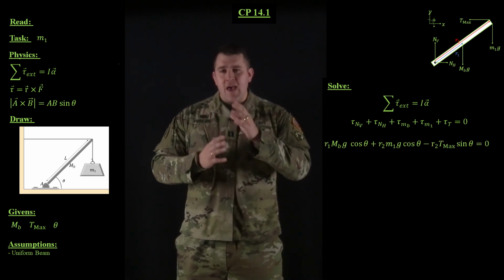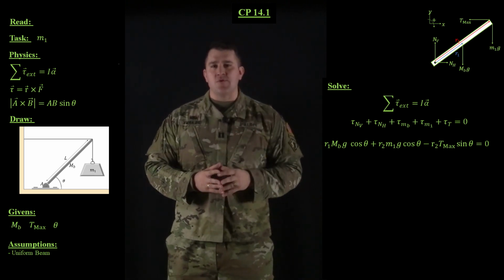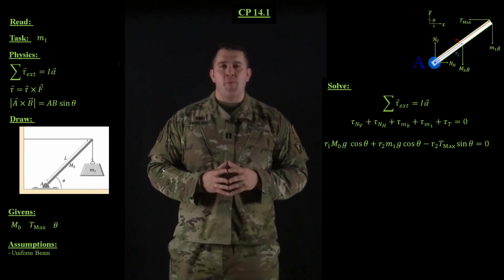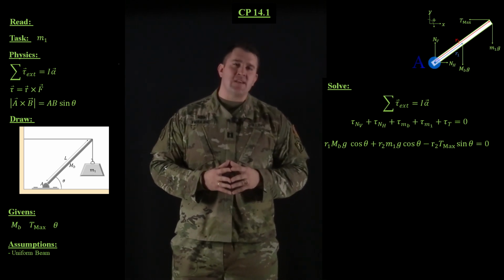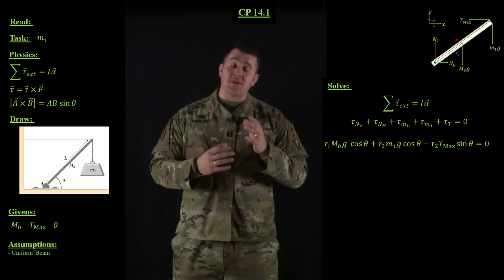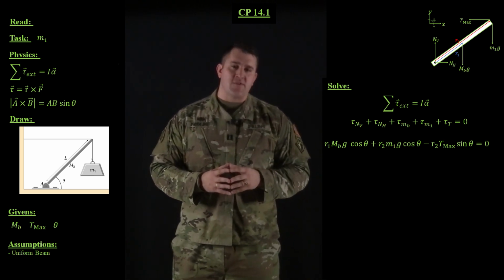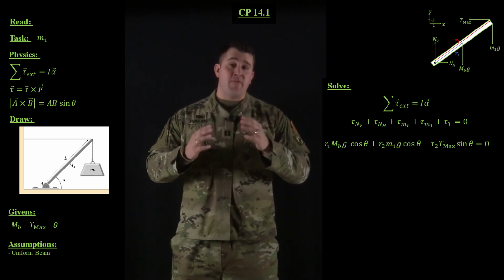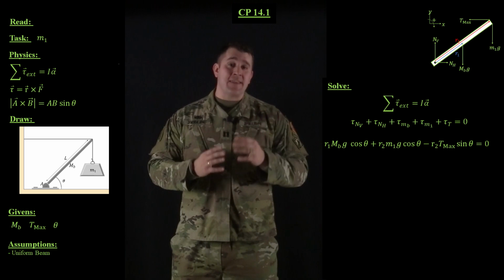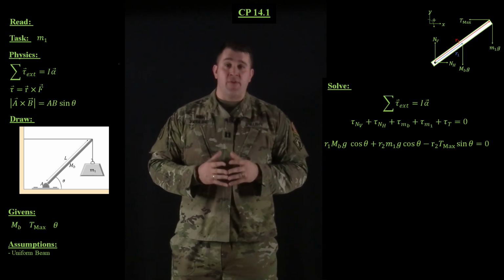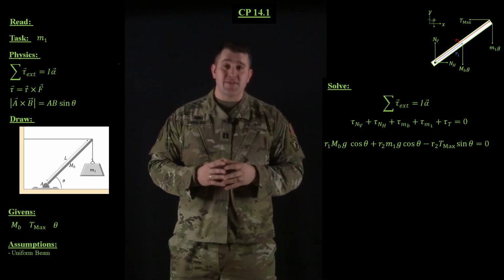Now, I'll have you note that because I'm going to choose an axis of rotation about that pivot point A, this means that when I sum the torques about that pivot point, the vertical and horizontal components of the normal force are not going to provide any torque in our system since they act at the axis of rotation I've chosen. Thus, their displacement from that axis of rotation to the application of the force is 0.